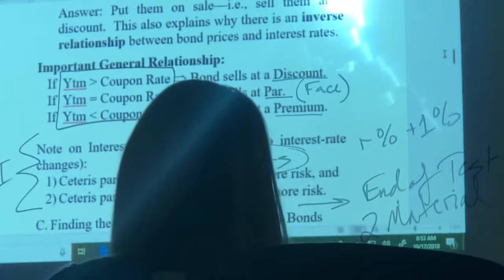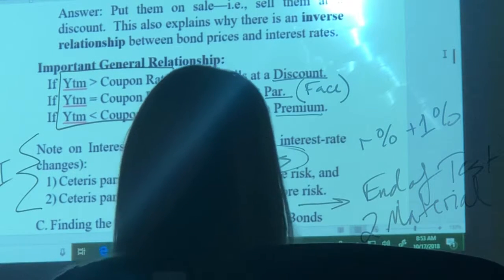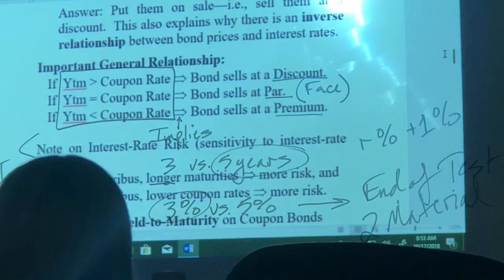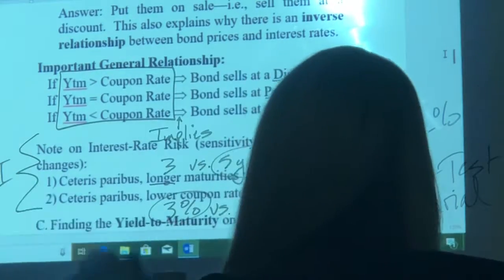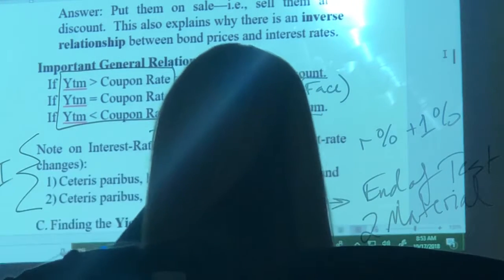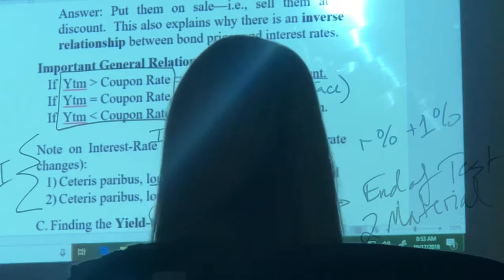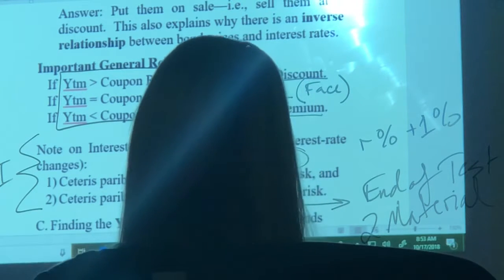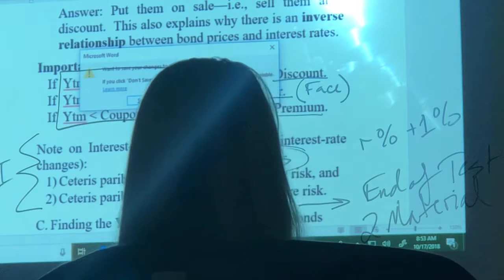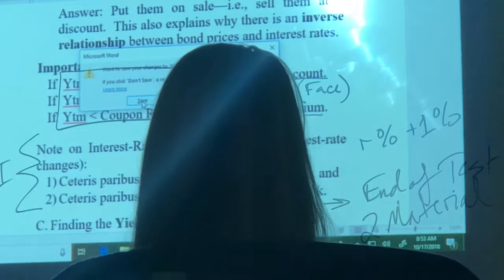The good news is that for test 3, you're going to have a spreadsheet to use to calculate bond pricing. Okay, so pull up the spreadsheet that we downloaded on Monday.